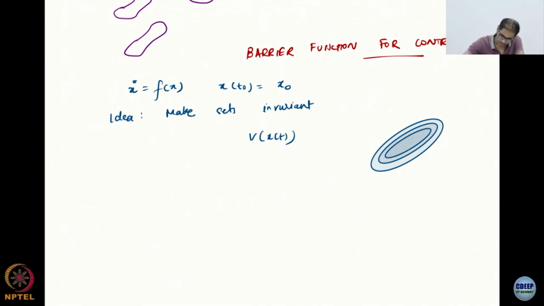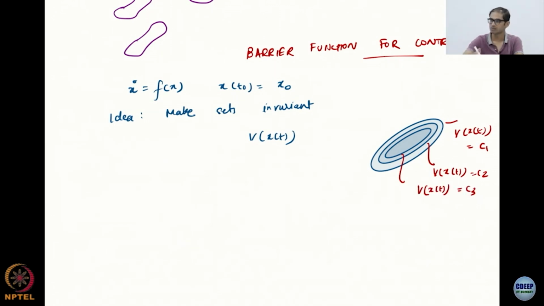So this will be something like V of x t equal to, say, c1, V of x t equal to c2, V of x t equal to c3.